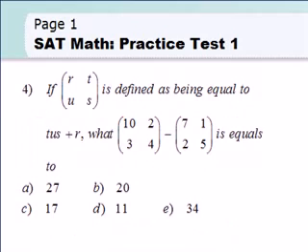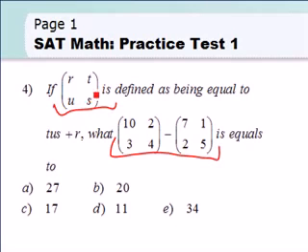Problem number 4. If this expression over here, R, T, U, S, is defined as being equal to T times U times S plus R, what is this expression over here, 10, 2, 3, 4 minus 7, 1, 2, 5 equal to?